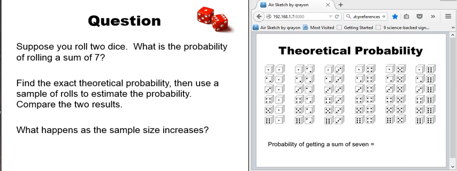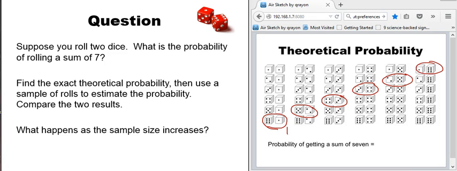So here are all the possibilities. And if you add them up, there are 6 possibilities in each of these columns. So that would tell me that there are 36 possibilities. And of these 36 possibilities, this one right here, 6 plus 1, adds up to 7. 5 and 2 add up to 7. 4 and 3, 3 and 4, 2 and 5, 1 and 6.